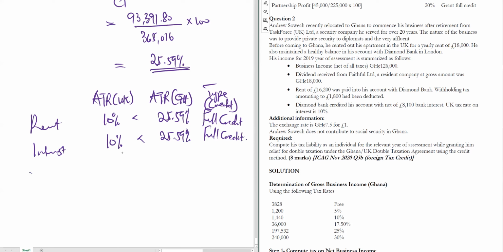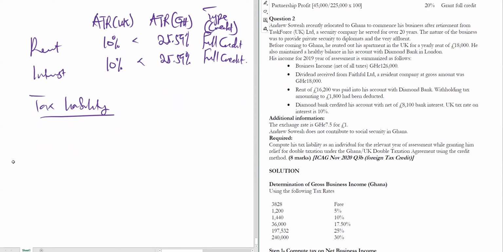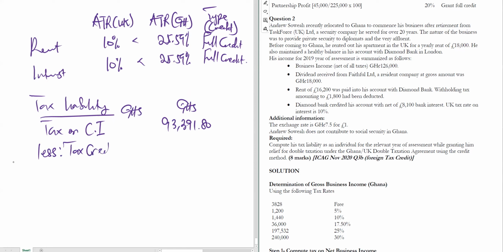Okay, so in that case, let's get his tax liability. So we have tax on chargeable income. What was his tax on chargeable income? It was 93,391.8. Then we less tax credits.